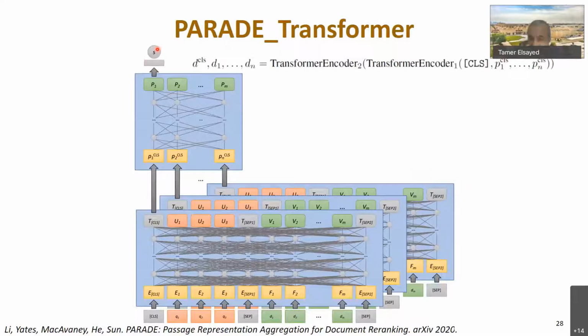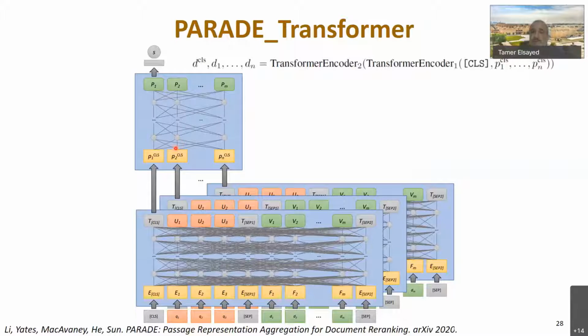So we have 4 variants. The average, so we'll take just the average of the embeddings. Of course, every aggregation will go to a classification layer, and that classification layer will give us a score. So the 4 variants are average, maximum, those are straightforward.